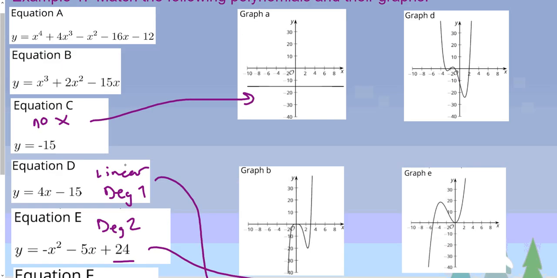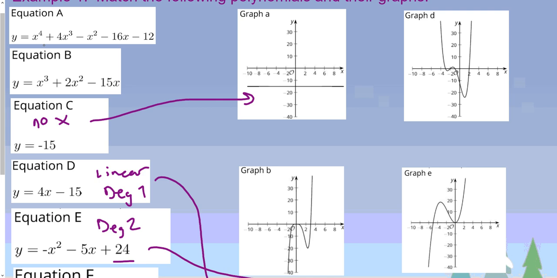So let's go back up here. And now we have equations A and B. We have graphs D, B, and E. Which is which? Now, at first, this is going to seem kind of hard, right? But let's think. First off, equation A has a y-intercept of negative 12.